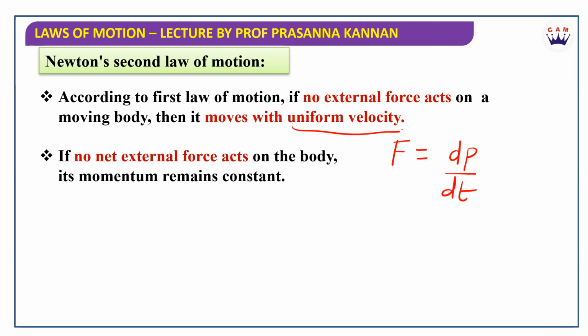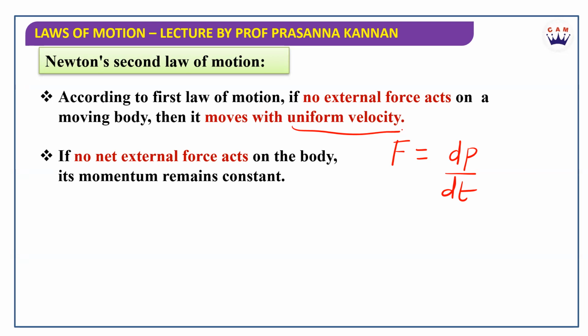In calculus, you will learn, if you have already learned, you know this. Rate of change is nothing but differentiation. Differentiation of momentum with respect to time, dP by dt. What is the differentiation of a constant, guys? Louder. 0. Exactly. If you differentiate a constant, you get 0.